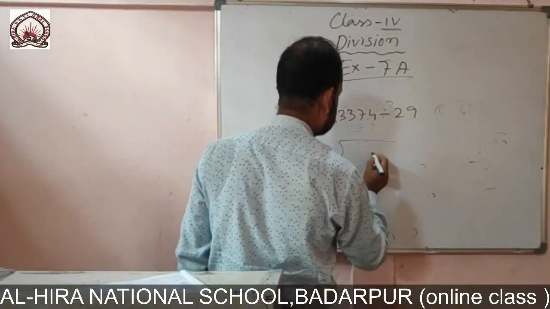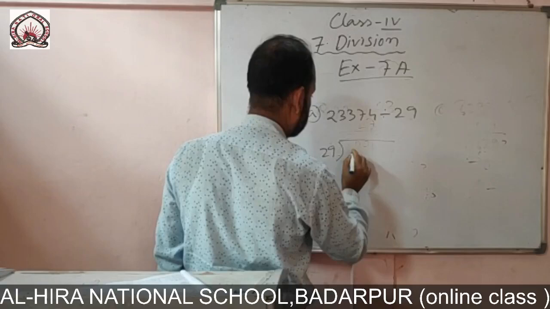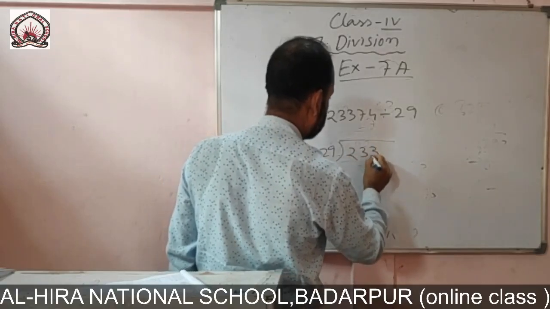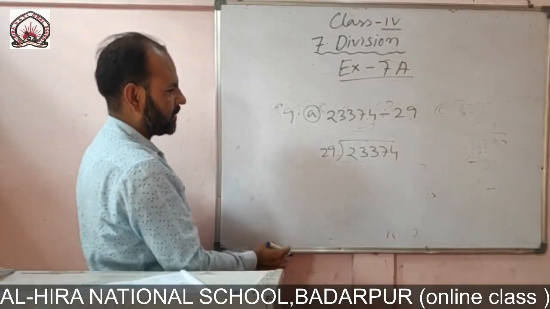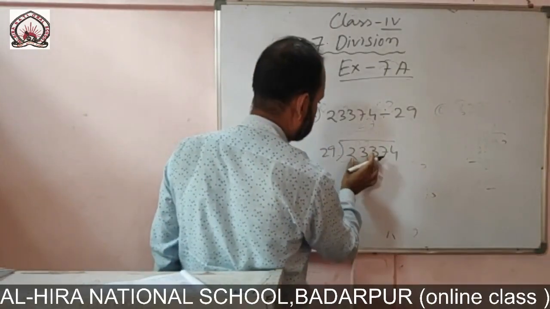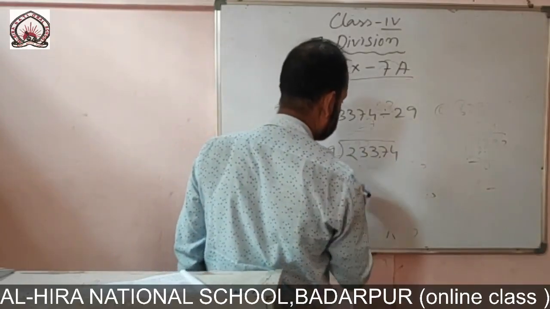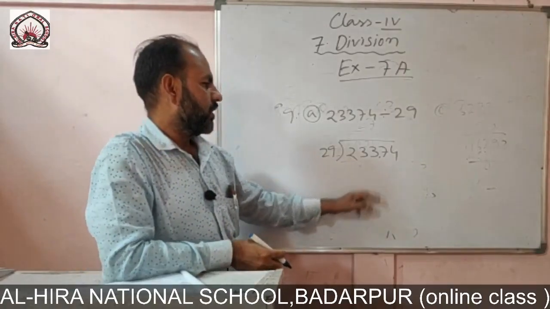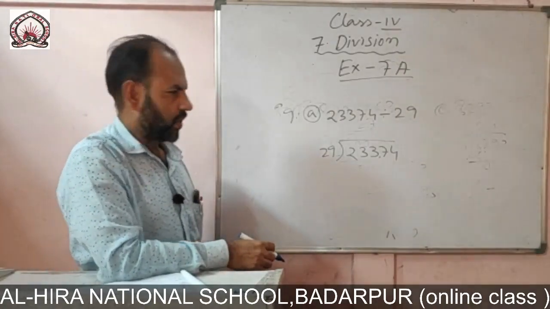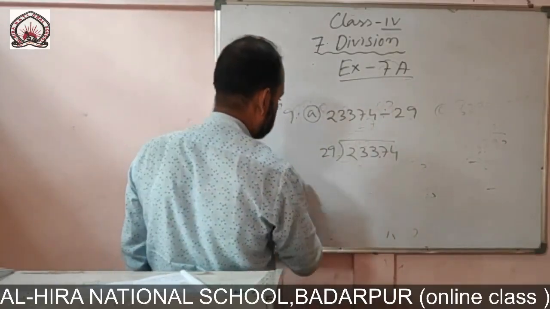So here 29 into 23,374. So here 2 digit. If you take there also 2 digit, then it is less than 29, we can't divide, so we take 3 digit. Then there is 233. So we try how many times we can.